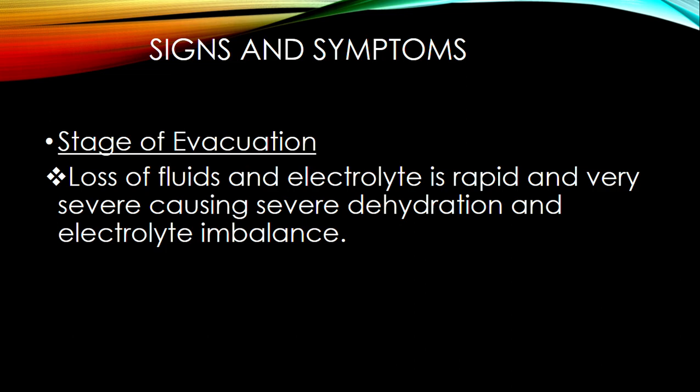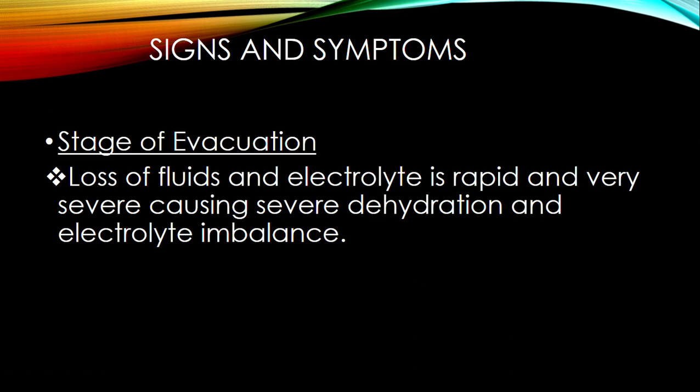So now let's move on to the signs and symptoms. So the signs and symptoms also occur in stages. So in the first stage, which is called the stage of evacuation, we see loss of fluids and electrolytes is rapid and very severe, causing severe dehydration and electrolyte imbalance.